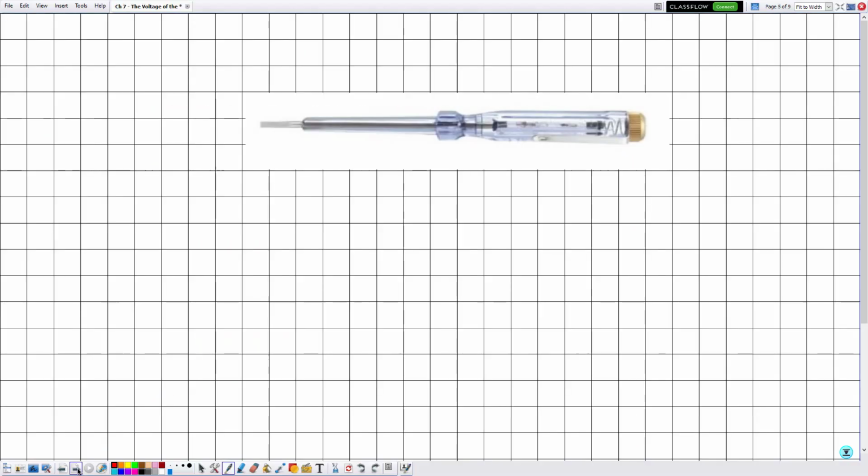Then let me write down, we are in section number 3, and the name of this instrument is the screwdriver tester, or sometimes we name this instrument the live main indicator.